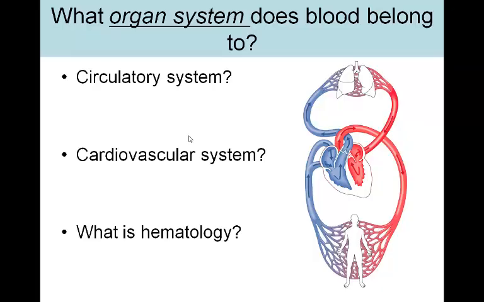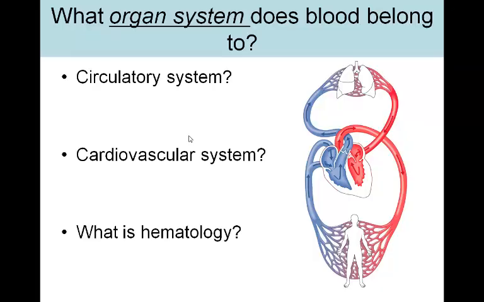Well, there are some differing ideas about what the difference is between the circulatory system and the cardiovascular system. Medical professionals and education professionals can't really agree on the terminology here, so I'm going to present it the way the author of your textbook presents the information, which is actually how most people think of this.